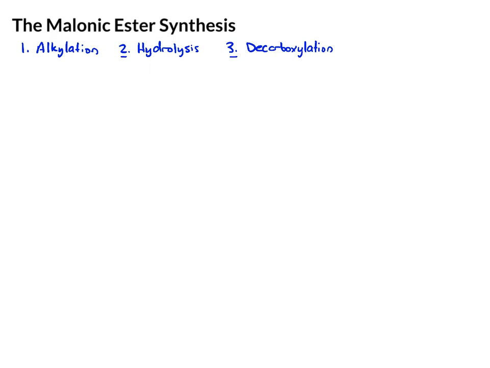So we're going to start with malonic ester. The wording can be a little confusing here because we're not actually synthesizing malonic ester. Malonic ester is our starting material. So let me show you what that looks like. Here is malonic ester.